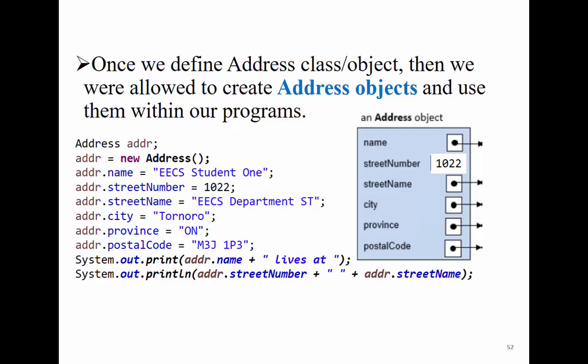So I create the object here, new address, using a no argument constructor. The constructor here in new address has no arguments. We call it a no argument constructor. I create an address object, I put it in the memory. I know I need the name, a street name, a street number, city, province, postal code. I need all of this information.